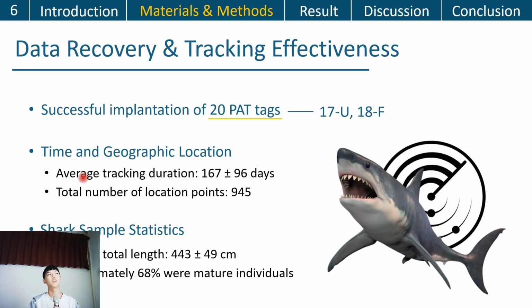And in the presentation, I will focus on these two sharks, 17U and 18F. In this study, they collected an average of 167 days, and the sharks visited about 945 locations.